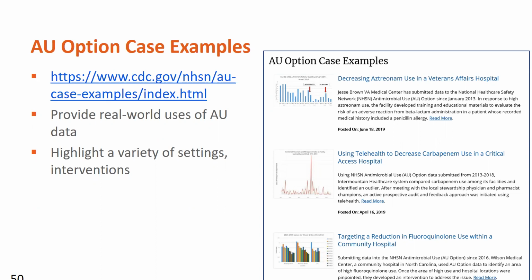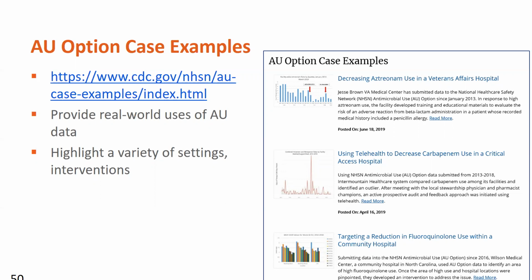All 3 of them use different interventions, which is super interesting to see how the AU data are being used in the real world. These can be used by your facility maybe as leverage when you're pitching this to your C-suite, for example. You can say, see, these are the types of things that we could do with these data if they were available to us.